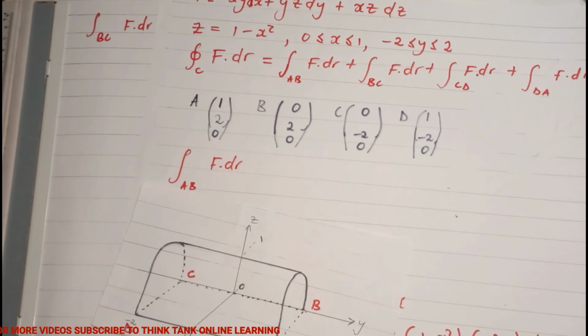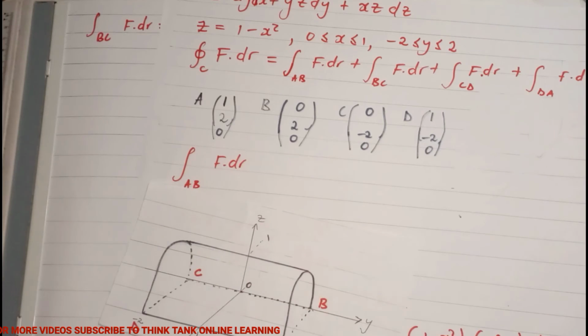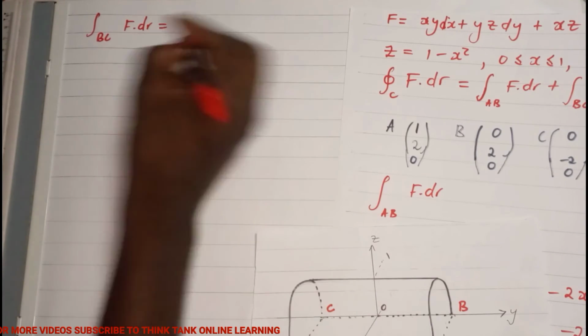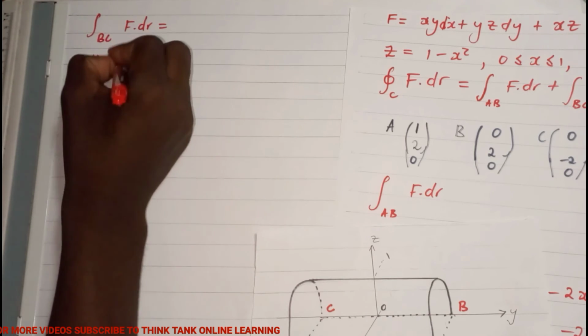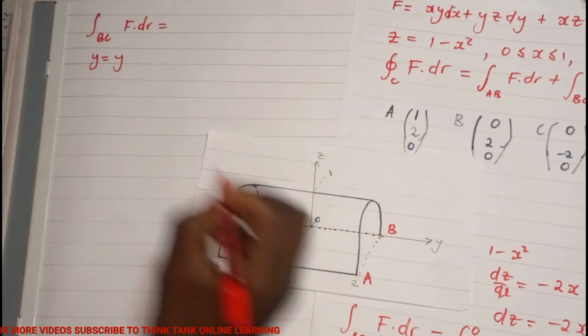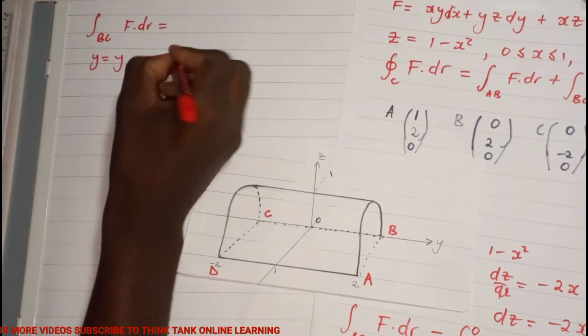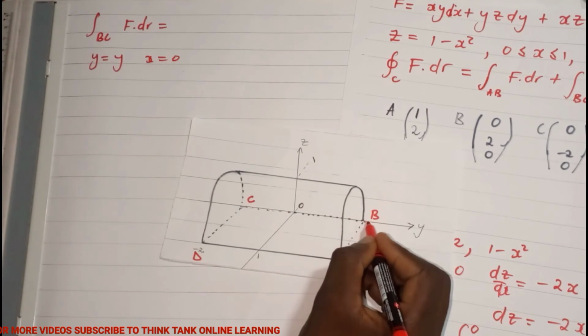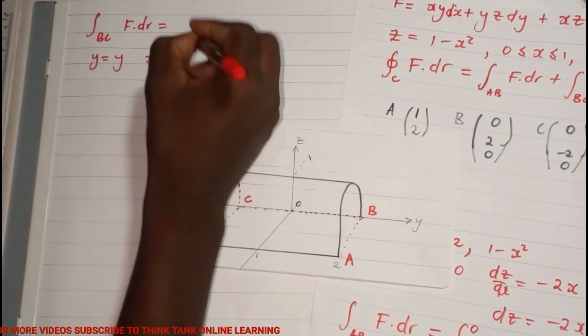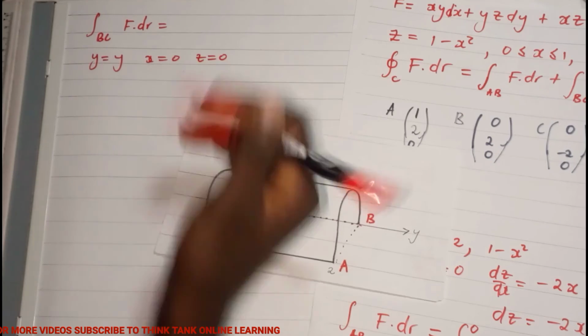So we're going to set y as our parameter. If we set y as our parameter, y is equal to y, then x is 0 here, and z is 0 also. At this point z is equal to 0.